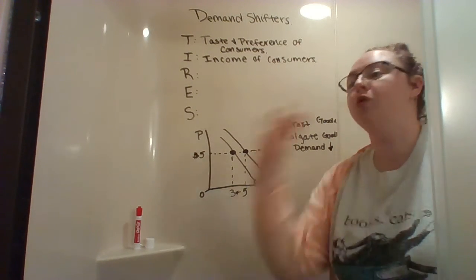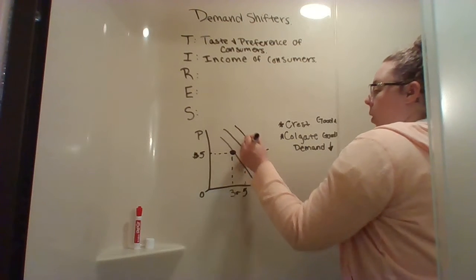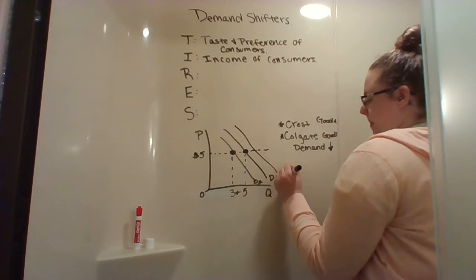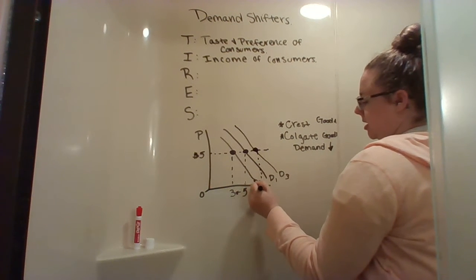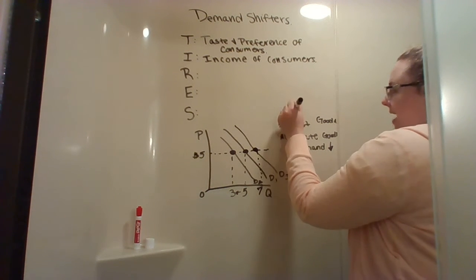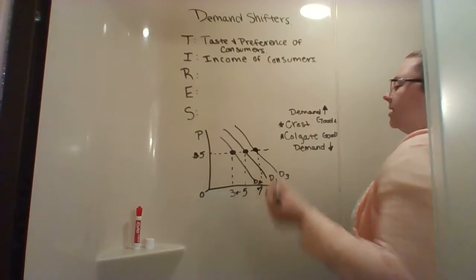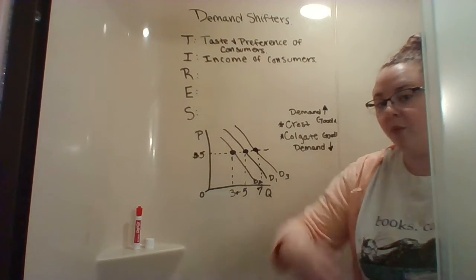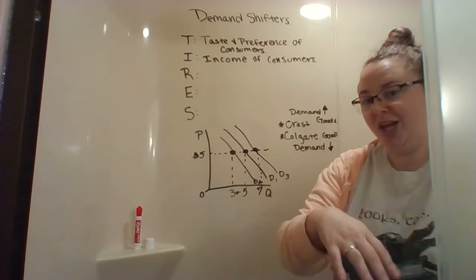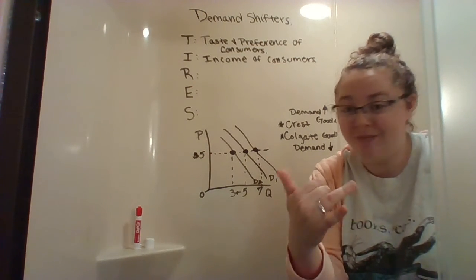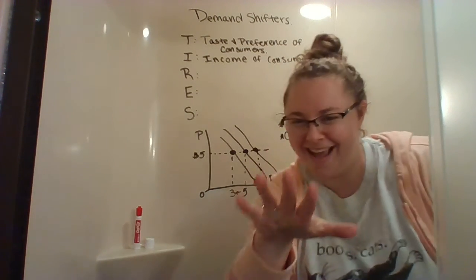If Crest was the only other option, well, we're going to increase, okay? All of a sudden, Crest is now selling 7, so they have a demand increase, okay? This is an example of substitute goods. If one substitute is decreasing in demand, we assume that the other item is increasing. They're opposite, okay? Okay, BRB.